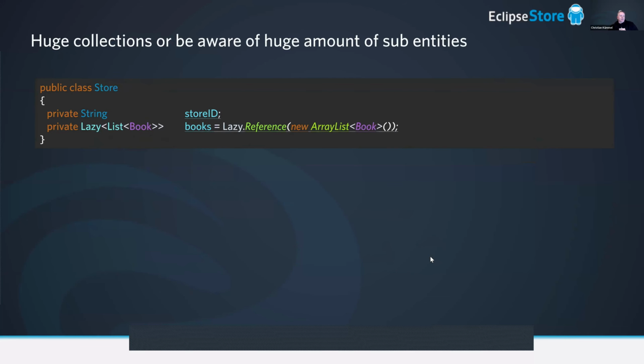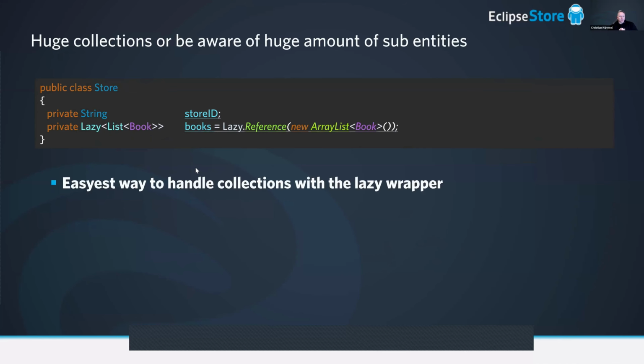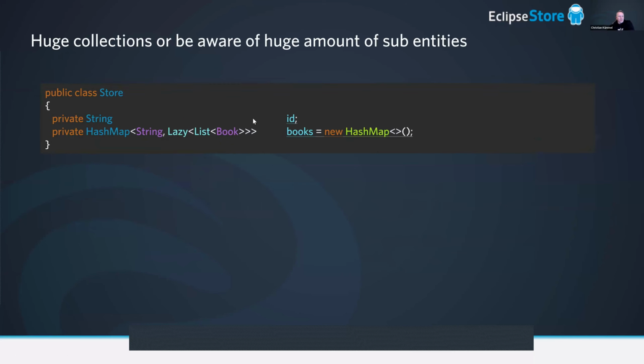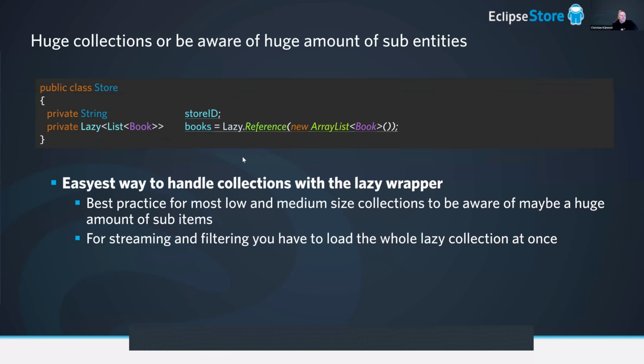Next one. Let me just have a short look. Lazy list of books. That's a good possibility to have it this way. Yeah, here we go. You always have to consider that when you use a collection like this, a list of books, and you handle it as a lazy reference, when you want to search within that list, you have to load the list.